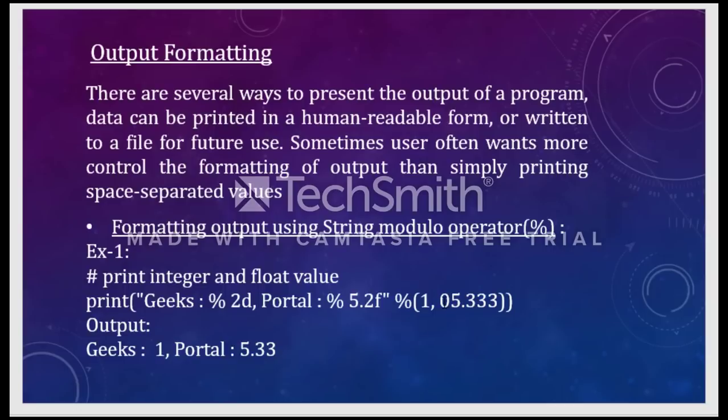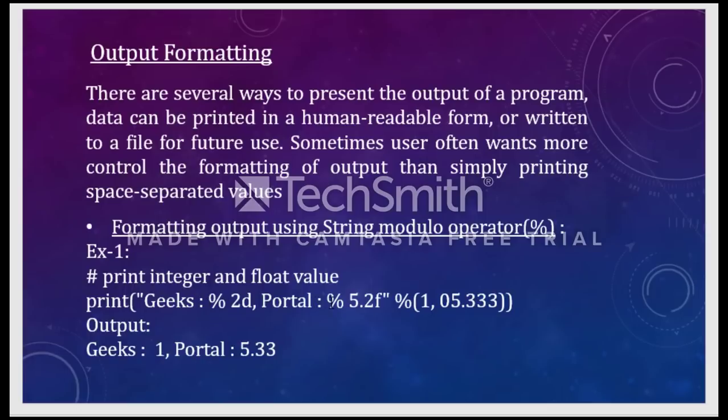So how should we use this in output formatting? You write a print statement, then in double quotations whatever output we need to print, we can give statements like this. Then at the place of the values, after "geeks", percentage d, I need to get some value at this place.